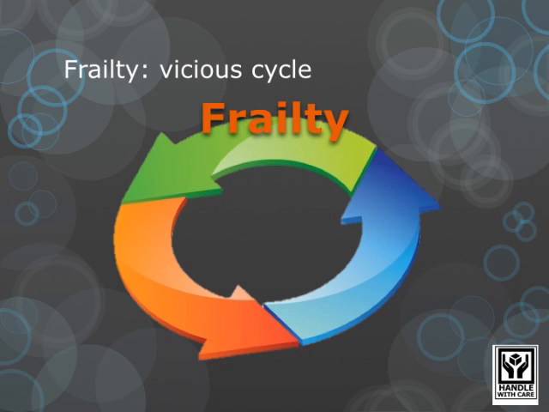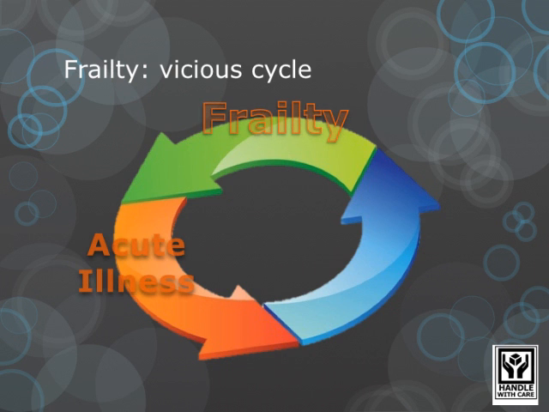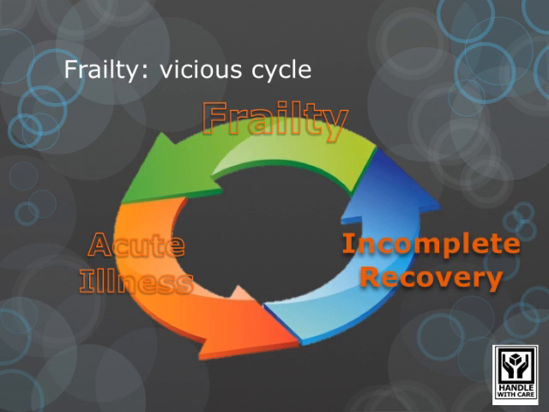And frailty, unfortunately, it can be a vicious cycle. So someone who's frail gets an acute illness, and if they don't have complete recovery, which is often the case, certainly when we have acute care medicine needing to move patients as quickly as possible, our vulnerable, frail, older patients are not able to have complete recovery.